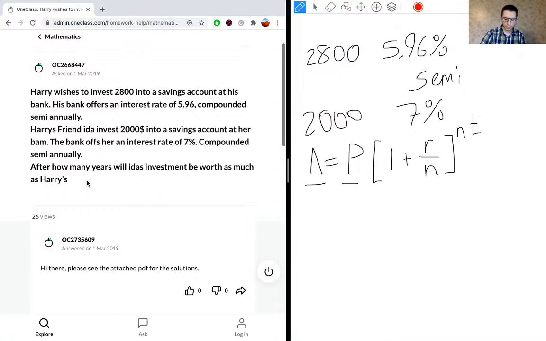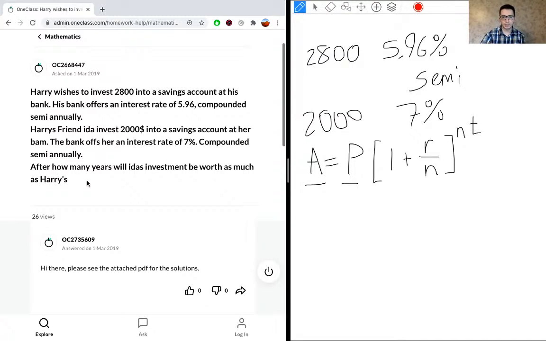And then this is just the 1, and then R is the interest rate. So whatever the interest rate given here. So it's 5.96% for Harry, 7% for Ida. And then N is the number of times the amount is compounded per time period T. T is usually represented in years.